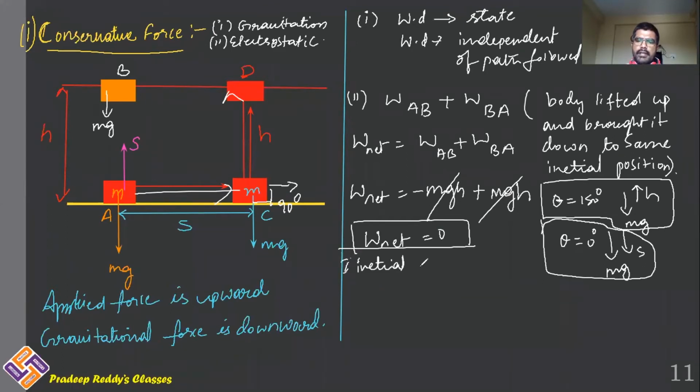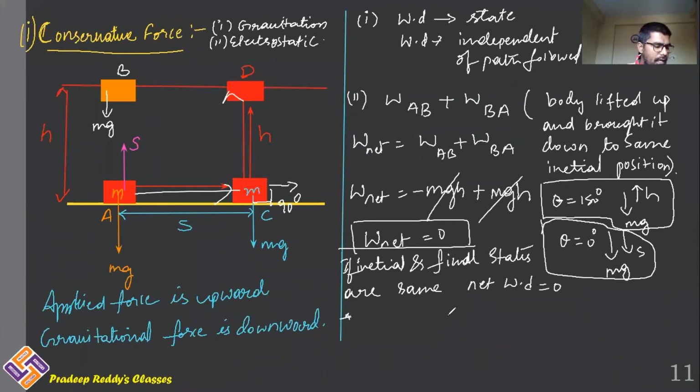If initial and final states are same, net work done is equal to 0. That means if conservative force is doing work in the round trip, round trip in the sense body's starting and ending positions are same.